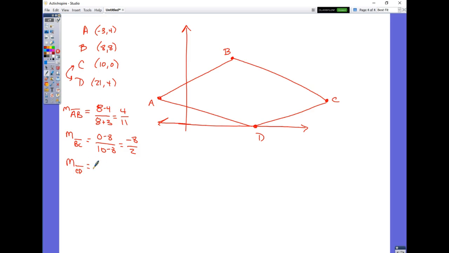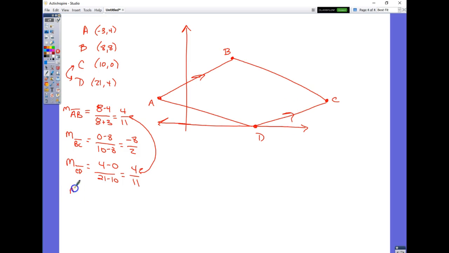Wait, that wasn't BC. Yeah, it was BC. CD, which is 4 minus 0 over 21 minus 10, or 4 over 11. Ooh, hey, look, those look good. Cool, I notice AB is parallel to CD.